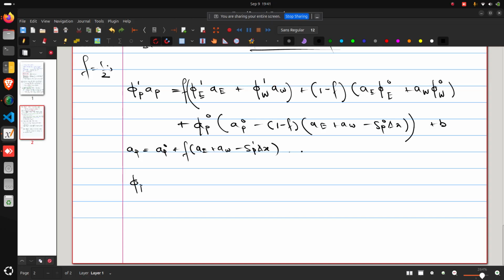Now let's put it this way. The new AP will be, f is just half, so let's just write 1/2 here, also 1/2.